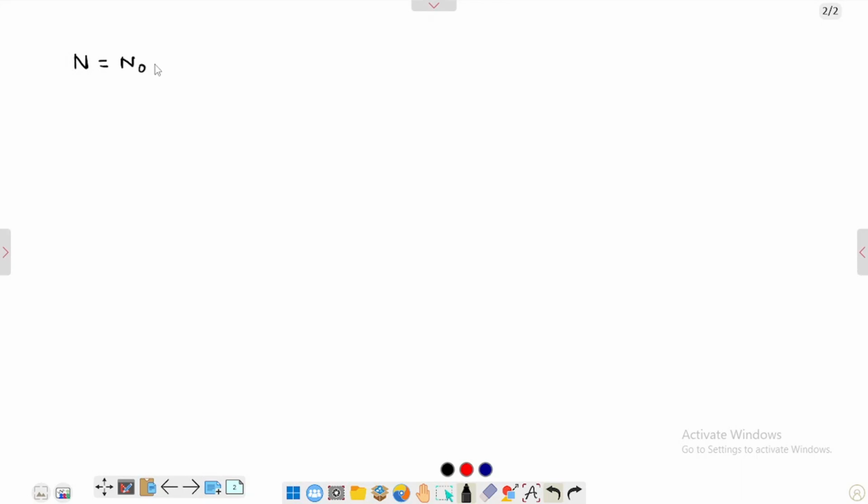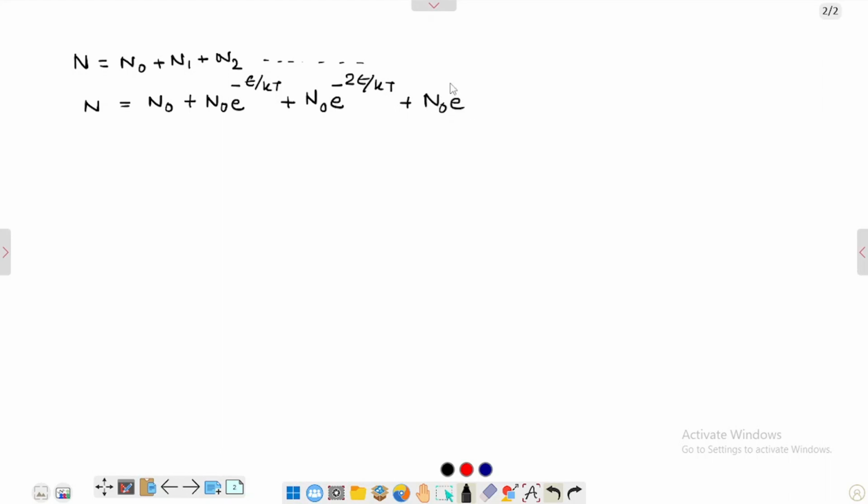N was equal to N0 plus N1 plus N2, and so on. So N equals N0 plus N0 e to the power minus epsilon by kT, plus N0 e to the power minus 2 epsilon by kT, plus e to the power minus 3 epsilon by kT, and it goes on.